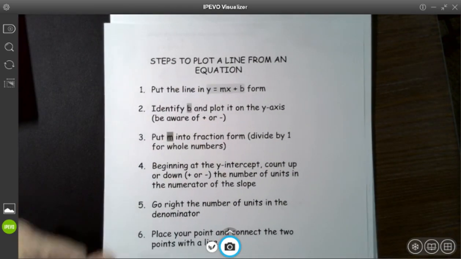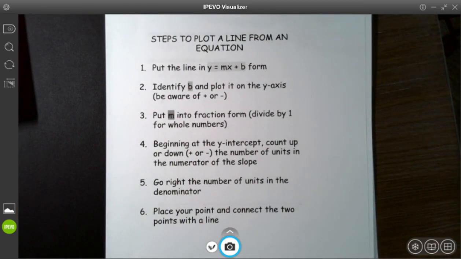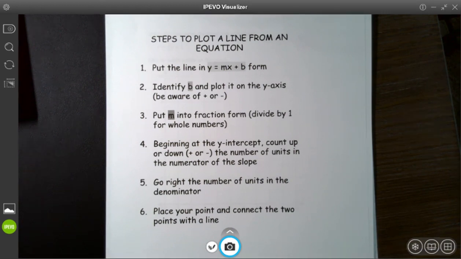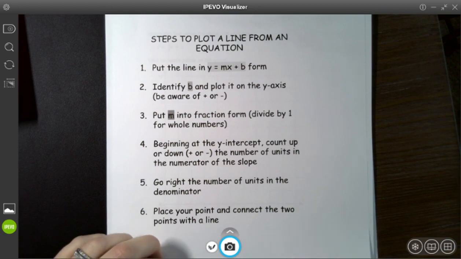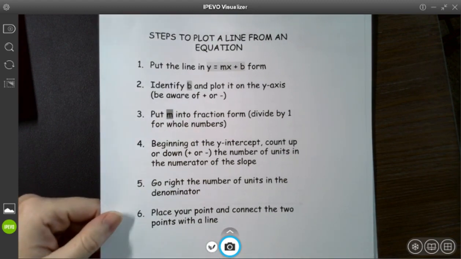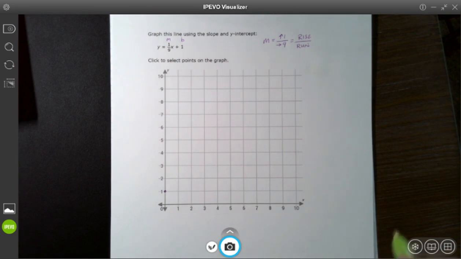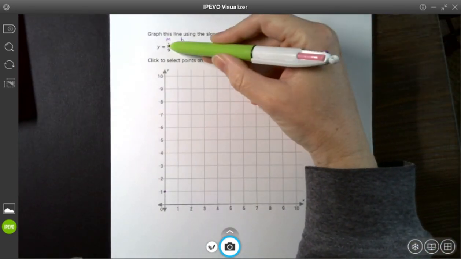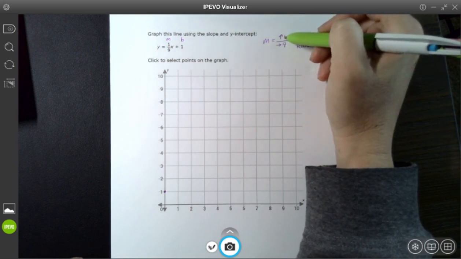With step number 4, I'm going to begin at my y-intercept and count up or down based on whether my upper number in my fraction, my numerator, is positive or negative. And I'm going to go the number of units that is indicated. Okay, so in this one, I have positive 1 on top, so I'm going to go up 1.